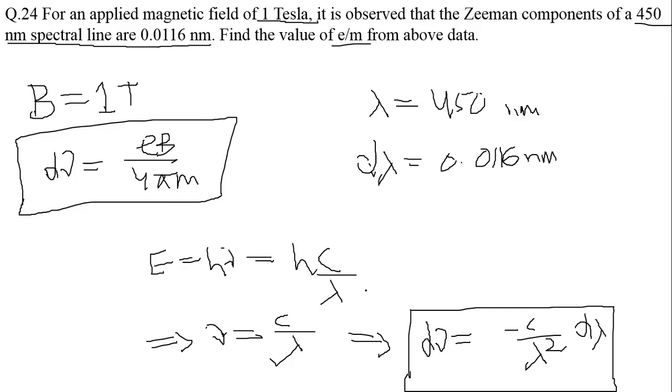So in the place of d nu we can write minus c by lambda squared d lambda, and then the expression will be minus c by lambda squared d lambda equals eB by 4 pi m. In our calculation we can remove this negative sign, because we simply want to calculate the value of e by m, so the sign is not important here.